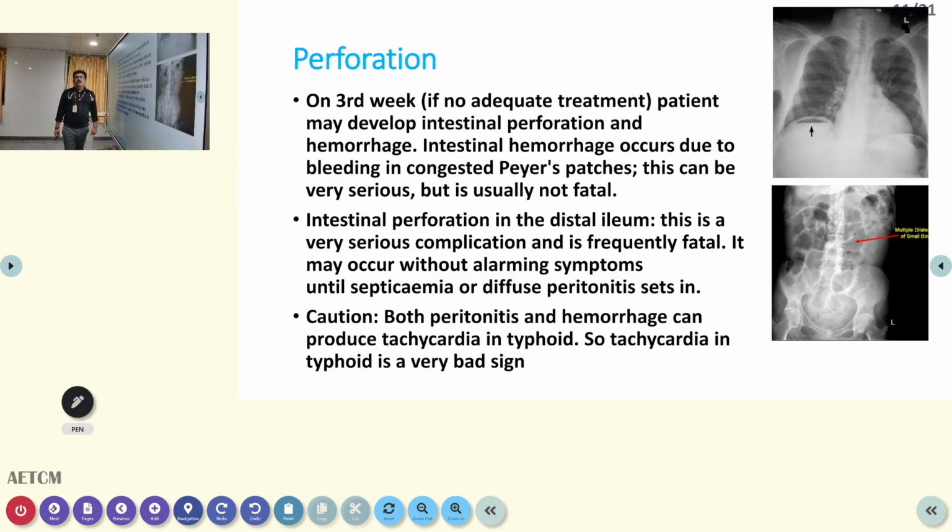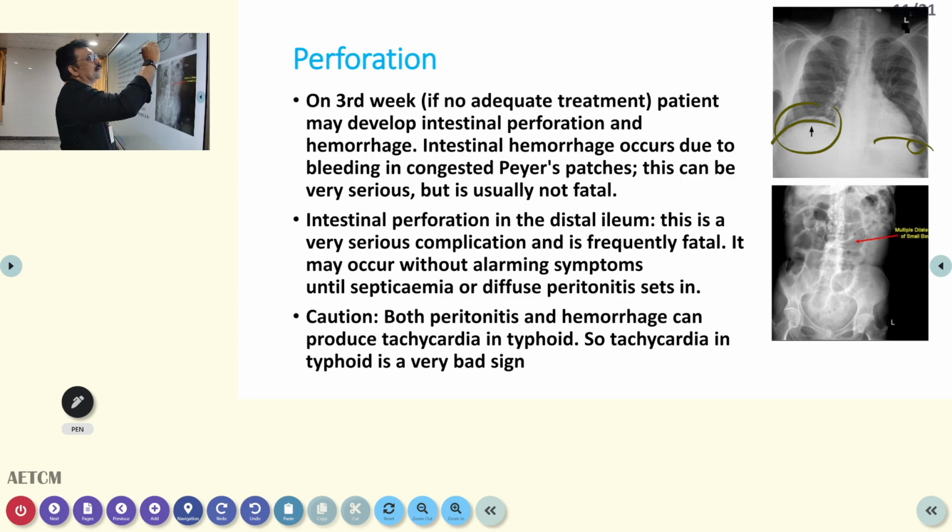Now, one of the most important and dangerous complications of typhoid which is not treated properly is that after the second week, third week, you can see perforation. What you are seeing here is gas under the diaphragm. That is a very important finding of perforation. Normally you can see the diaphragm on both sides. On the left side you are seeing gas under the diaphragm, that is because the stomach is there.